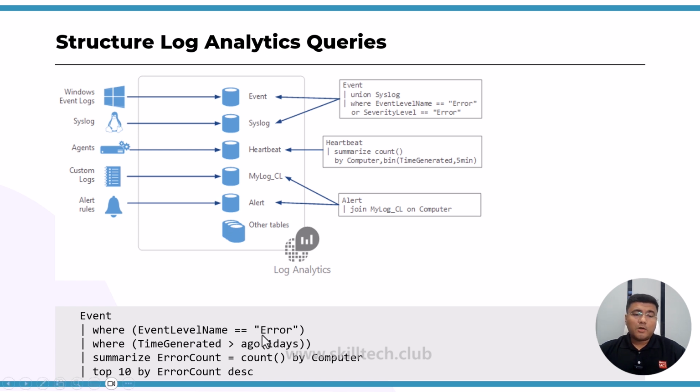As you can see in the bottom query, this is an event where we are applying multiple where clauses, and the where clauses have conditions. After that, we are specifying the summarization of the error count, which means we want to summarize the multiple counts of that particular log event. And then from that, we want to see the top 10 by error count in descending order. Now this is very similar to your SQL language, but a little different in syntax, and it is known as KQL.